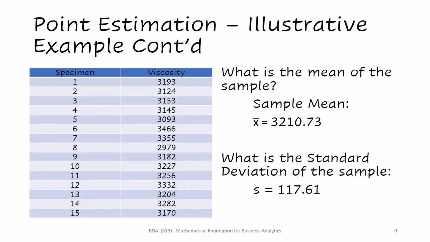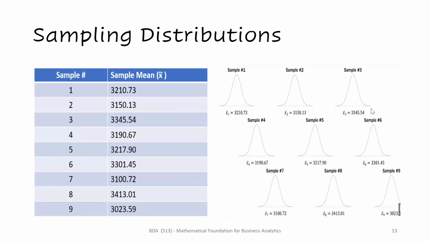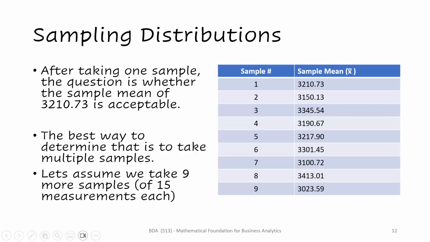Now, what about a situation where we take many samples, like 9 samples, and each of the 9 samples has 15 measurements? The first sample that we took gave us a sample mean of 3,210. We do a second sample, which also consists of 15 specimens. That's the sample size.